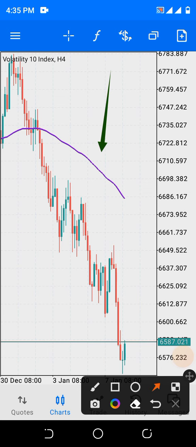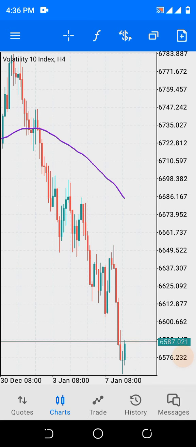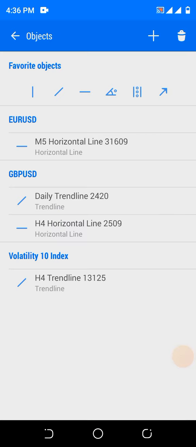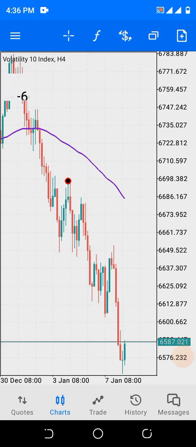So now this is the perfect way to make your entry. You identify the first two lower highs. So in this case, we have our first lower high here. So here is our second lower high. So once you identify these two, you use a trend line to join them.